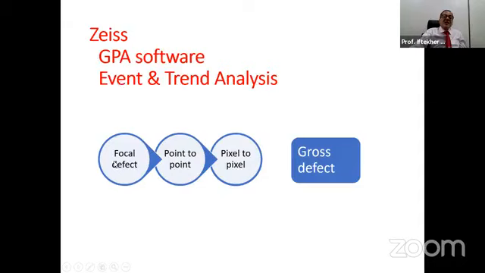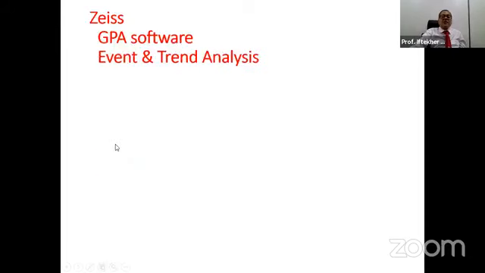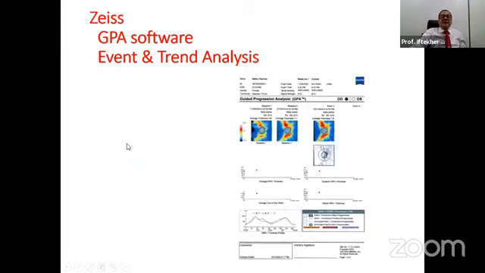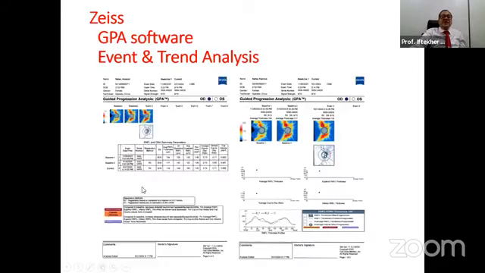By event analysis, we can see the focal defect, and by trend analysis, we can see the gross defect. In event analysis, it is point to point and pixel to pixel differentiation from the basal OCT to the last follow-up OCT. Here we see this is the event analysis map.